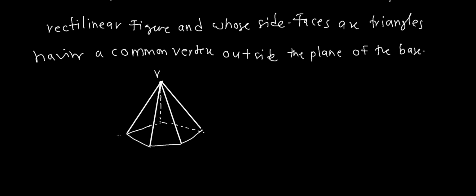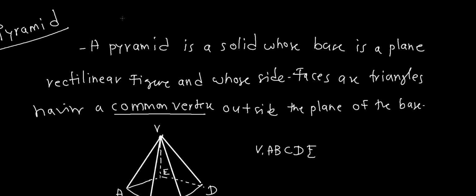So this is V, A, B, C, D and E. This pyramid is known as V, the vertex, that is the common vertex, common point, with the base A, B, C, D, E. So a pyramid is a solid whose base is a plane rectilinear figure.